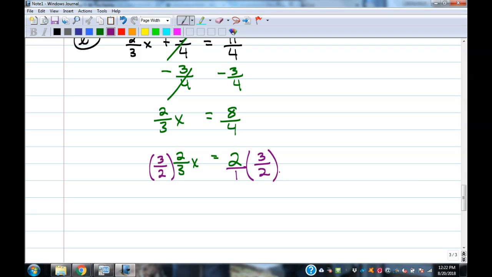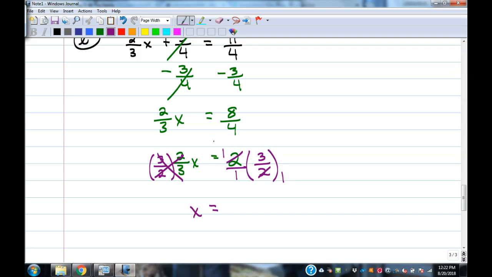On this side, they cancel each other out. There's x. What happens on this side? Can I cross cancel? Yeah, I got the 2 in the top left, 2 in the bottom right. That becomes a 1. That becomes a 1.